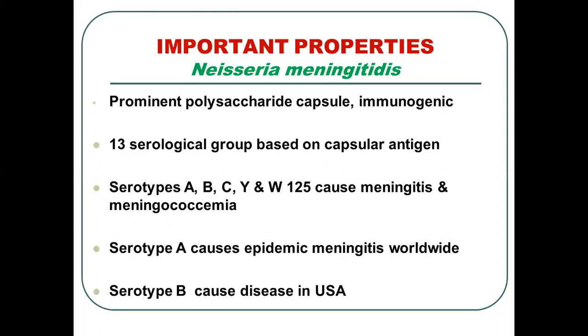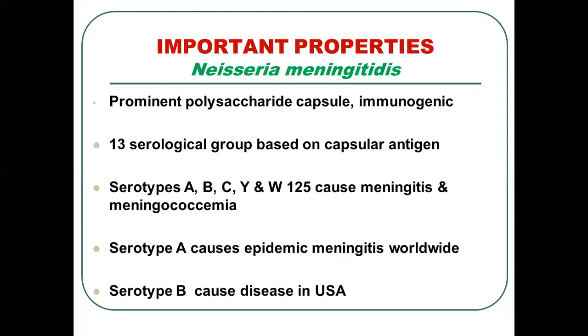These serotypes, which are based on serology, include A, B, C, Y, and W135. Out of these 13 serological groups, these serotypes cause meningitis and meningococcemia. Serotype A, which is prevalent all across the world, causes meningitis.